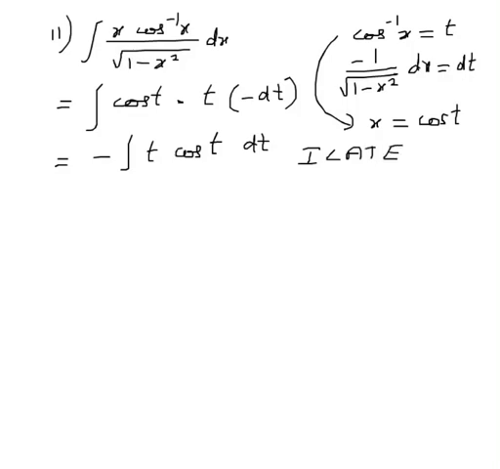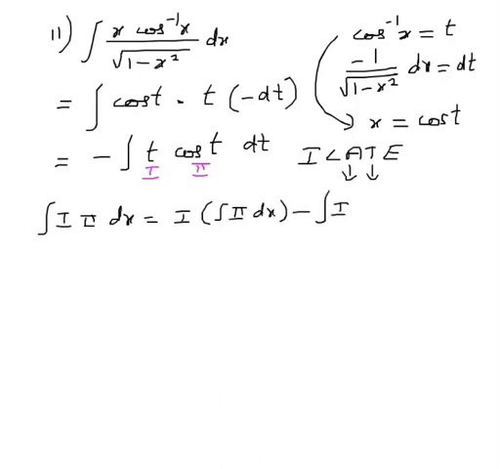ILATE. t is algebraic, cos is trigonometric, A comes first. Let us write the formula. First function into integral of the second function minus integral of differential of the first function into integral of the second function. I am saying this and writing so that you memorize it.